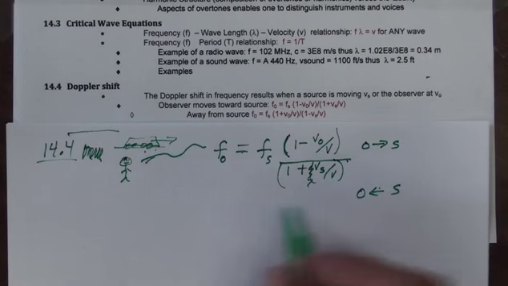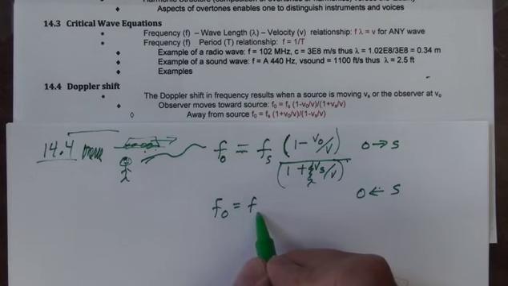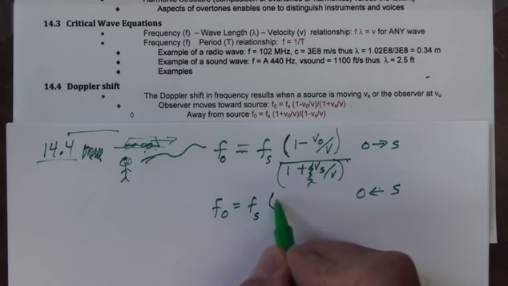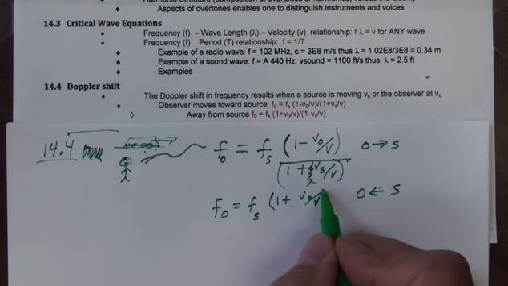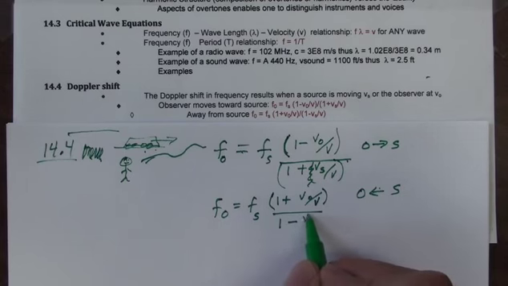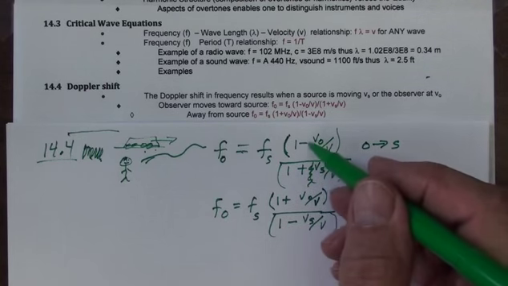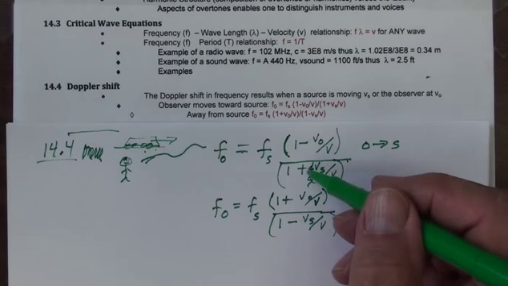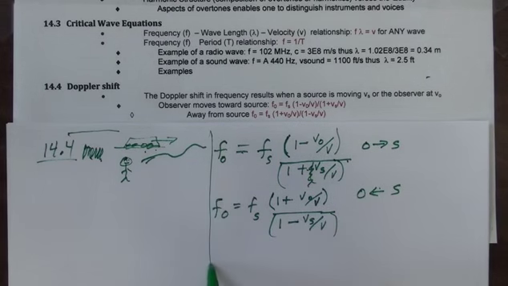And that is F naught is equal to the frequency of the source times 1 plus V naught over V, divided by 1 minus Vs over V. And you'll notice here that the signs are exactly inverted: where this is minus, this is plus, and where this is plus, this is minus. So they're kind of hard to keep straight.